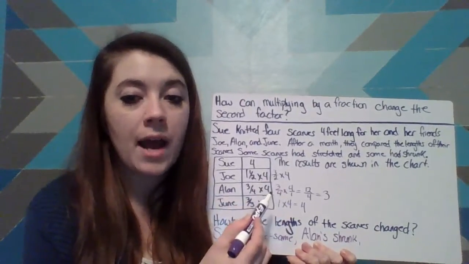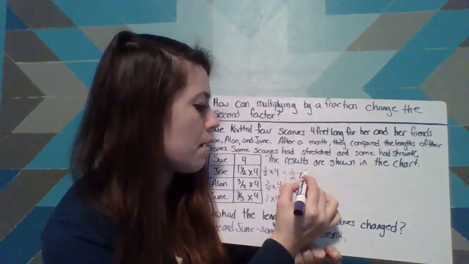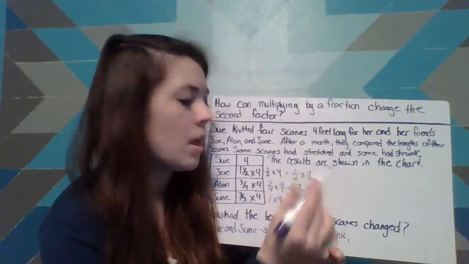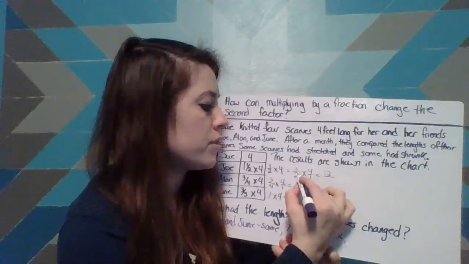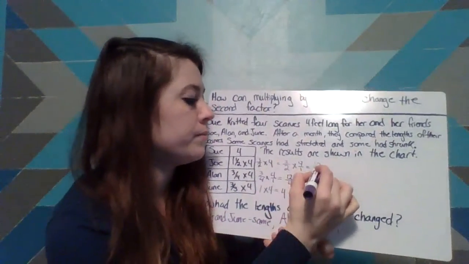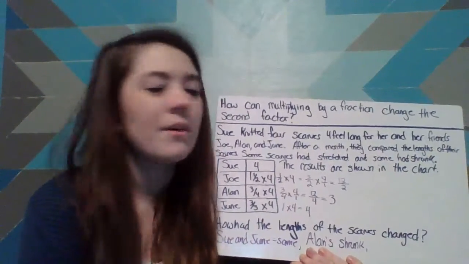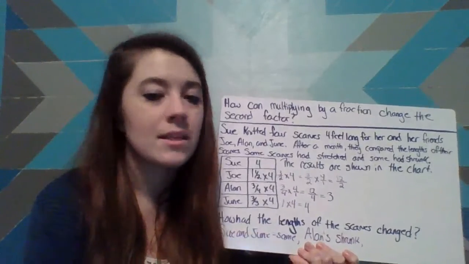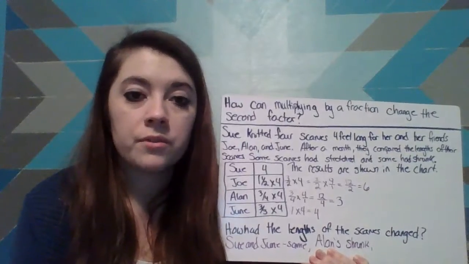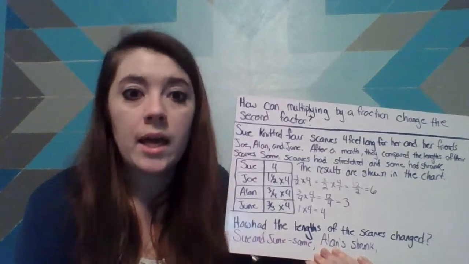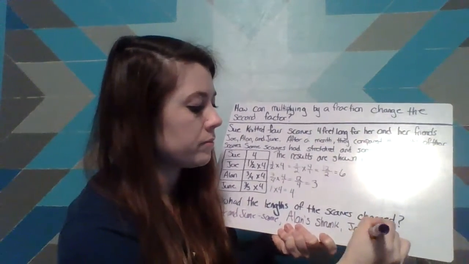So same thing that we did for Alan, we're going to do 3/2 times 4/1. 3 times 4 is 12 again. And 2 times 1 is 2. Now, can we simplify 12/2? We sure can. So 12 divided by 2 is 6. You got it. So what do we notice about Joe's scarf? Did it shrink or did it get bigger? It got bigger. It got a whole 2 feet bigger. So Joe's stretched.